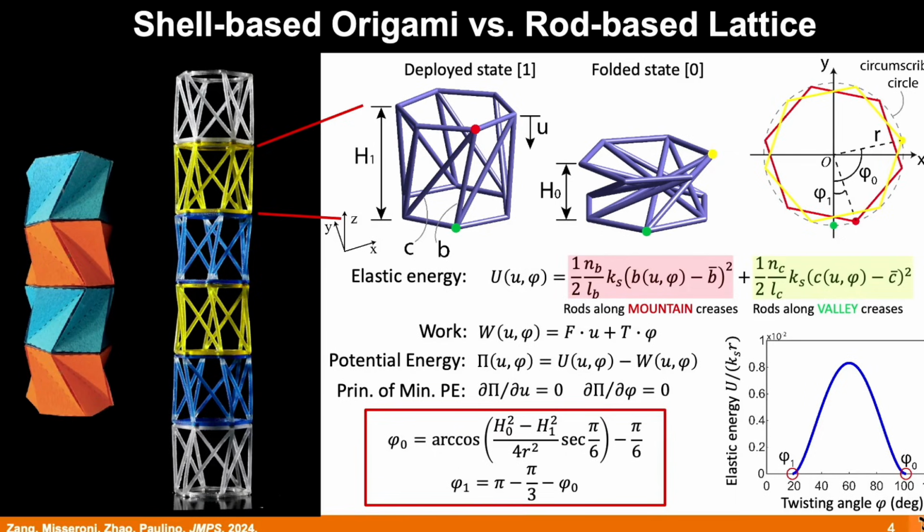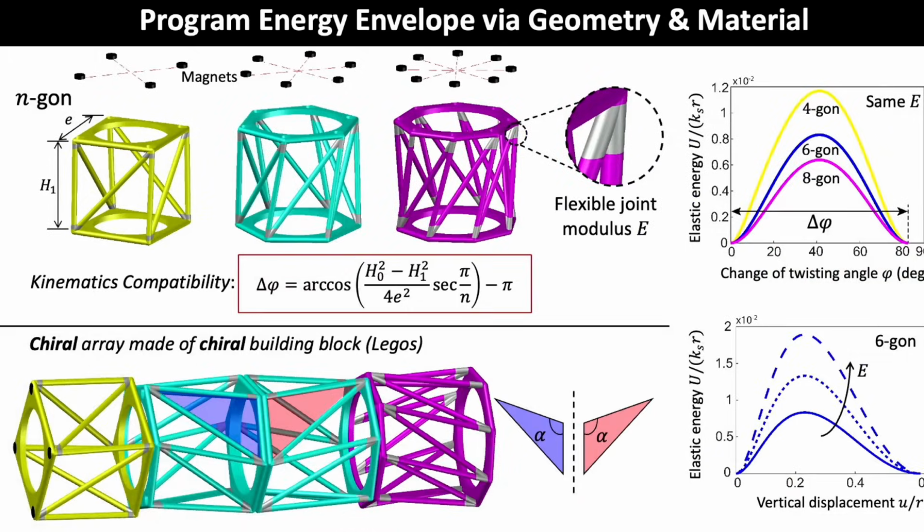The two local minima indicate that this has two stable states. Also from this simplified analytical solution, we can know how to play with the energy barrier between these two stable states. The energy barrier means you need to put in a certain energy so that you can transition between these two stable states.